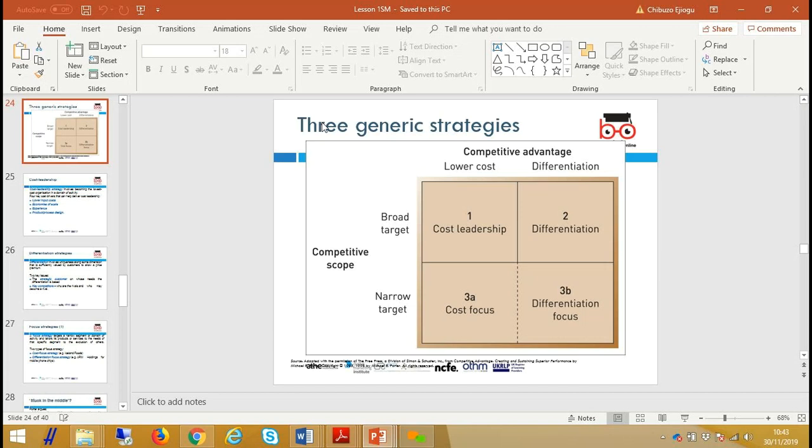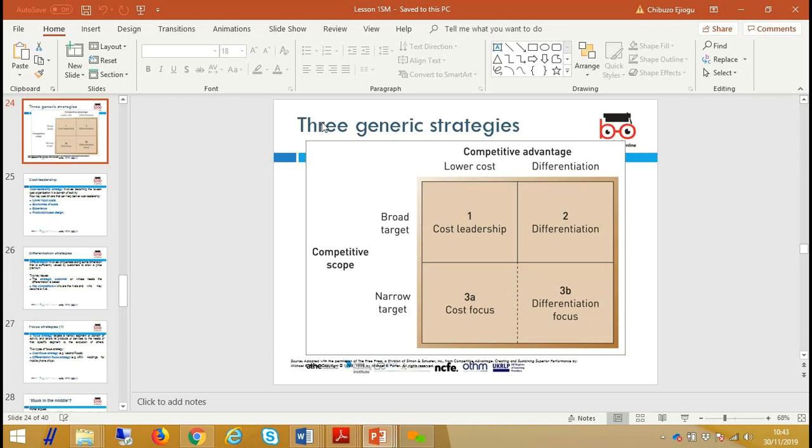Cost focus. Now, for focus strategies, what we are saying is you're targeting a segment of the market. It's market focus, niche markets, right? So for instance, you may want to focus on the low cost end of the market.